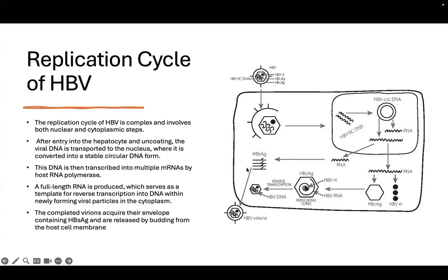And one very interesting thing is that its envelope contains a lot of these hepatitis surface antigens, proteins that are very specific to hepatitis B virus. This is going to be very important because it tells us a lot about infection and how to diagnose an infection.